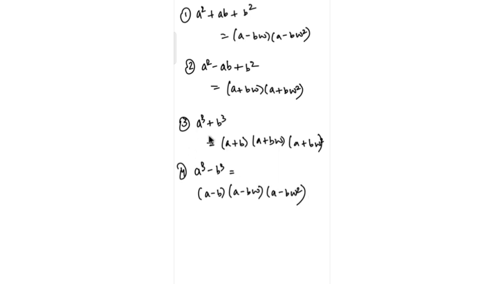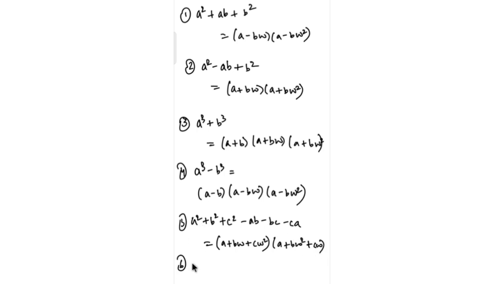So this is how we get a cube minus b cube. And the fifth point: a square plus b square plus c square minus ab minus bc minus ca is equal to a plus b omega plus c omega square into a plus b omega square plus c omega. Fine.